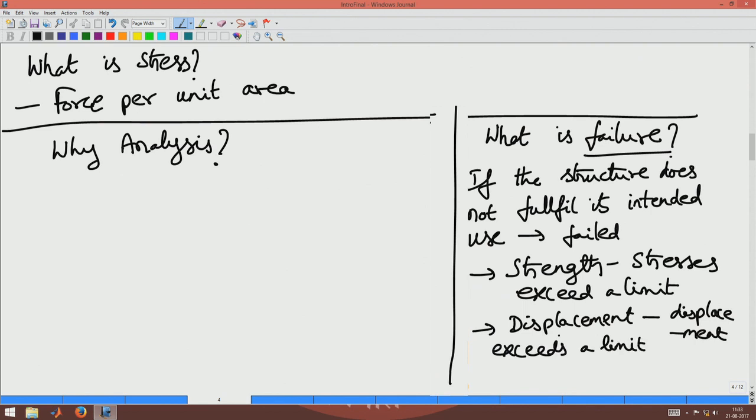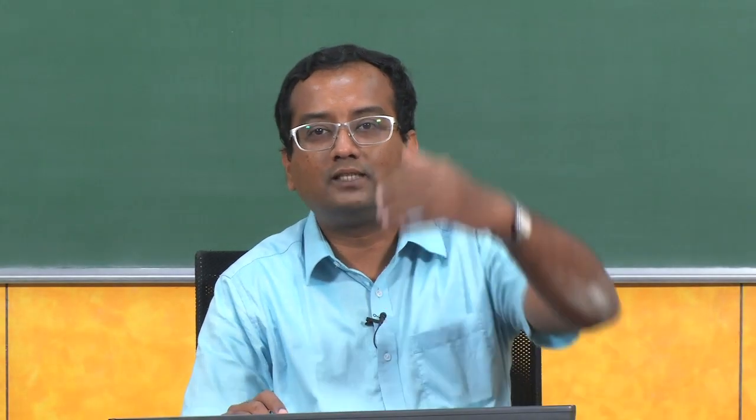Another example of displacement-induced failure is, say you are walking on this floor, and if the floor sinks by a meter, do you feel comfortable walking on the floor? No, right. So, that is an example of a displacement criterion governing the design.